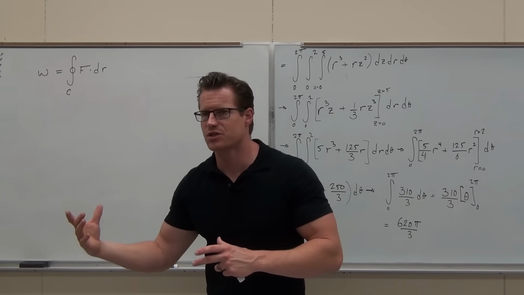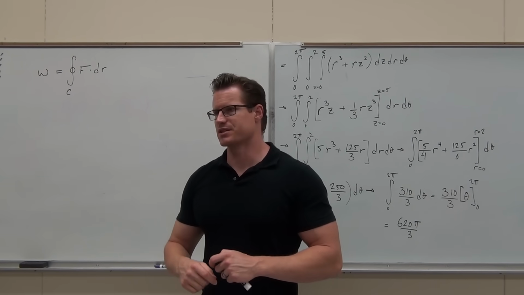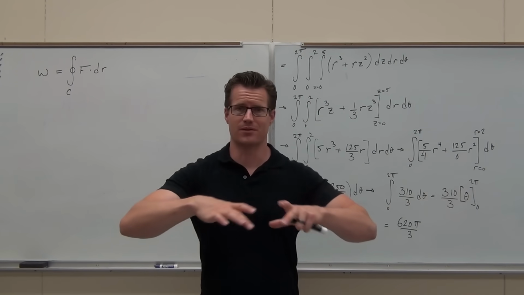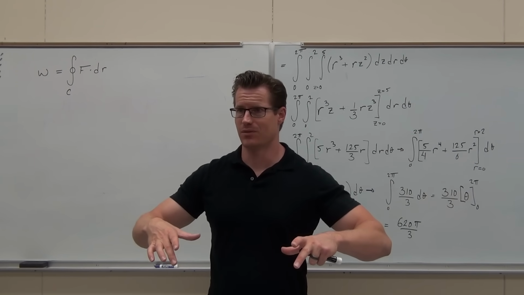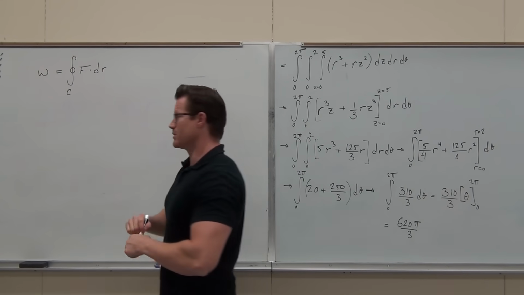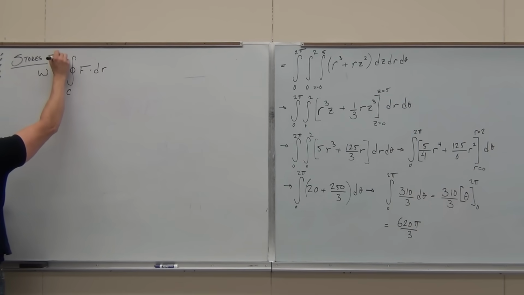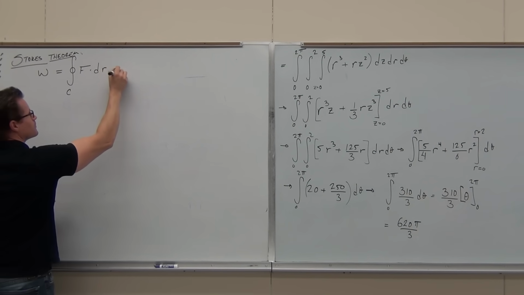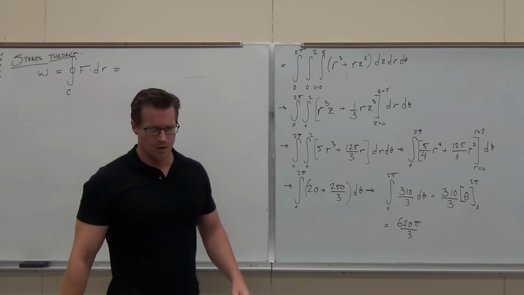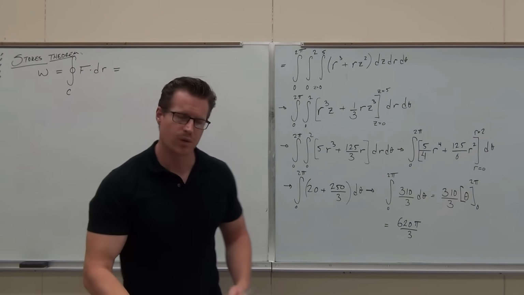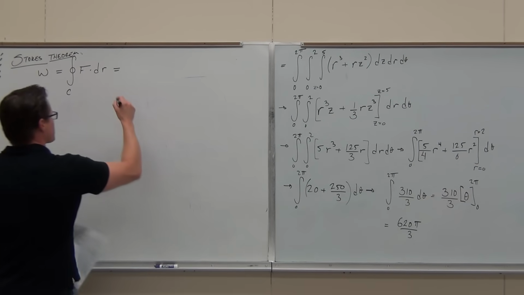So when you think about Stokes' theorem, it's real similar to Green's theorem. It's just that it can be in 3D rather than on a plane. Head nod if you're okay with that one. What lets us deal with this? What lets us deal with this is Stokes' theorem. What Stokes' theorem says.